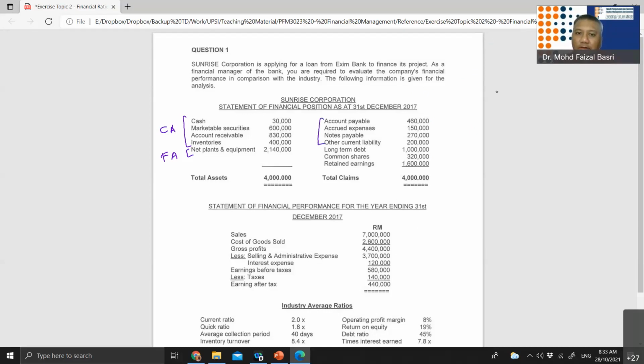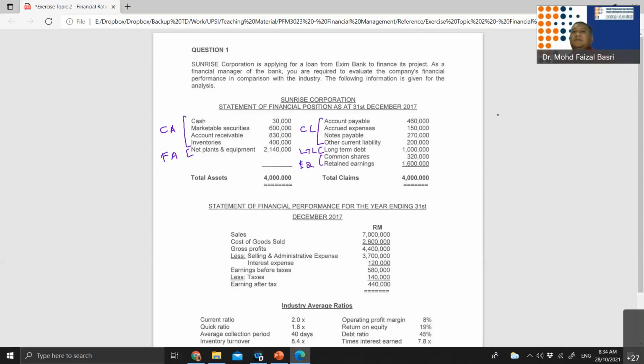These 4 items are my current liabilities, CL. Long-term debt is the only long-term liability, LTL. And the final 2 items, common shares and retained earnings, are my equity.